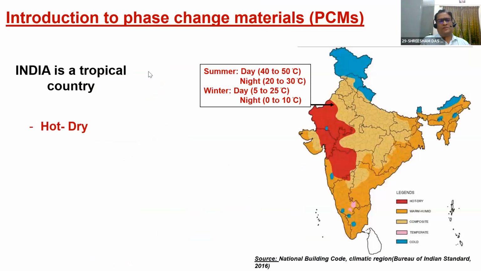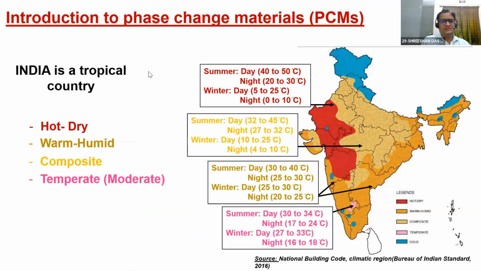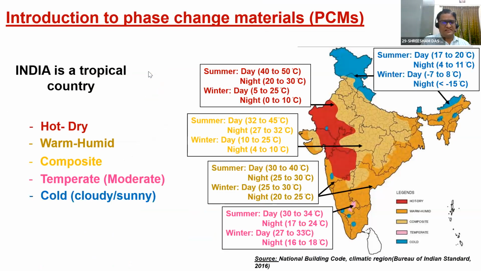India is a very tropical country, and we have very challenging climatic conditions. As per the Indian code of practice, we have 5 kinds of climatic zones: hot and dry, warm and humid, composite, moderate, and cold.